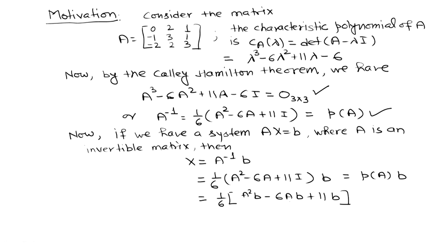If you see this particular vector, that is A squared B minus 6 AB plus 11 B, it is a column vector having 3 components, so a 3 by 1 vector.